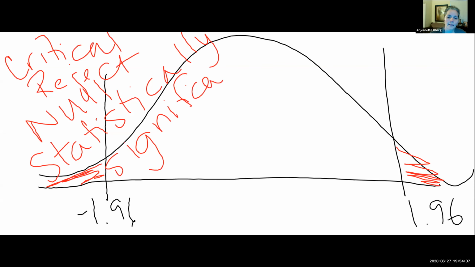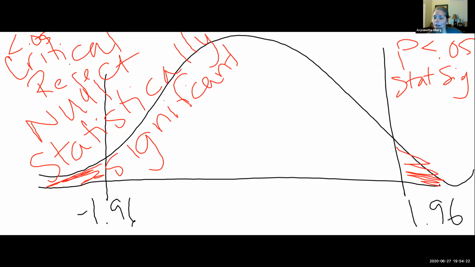Okay, and that's either here, and it's a less than 0.05 chance of getting it. So p is less than 0.05, it's statistically significant, and we reject the null, okay?